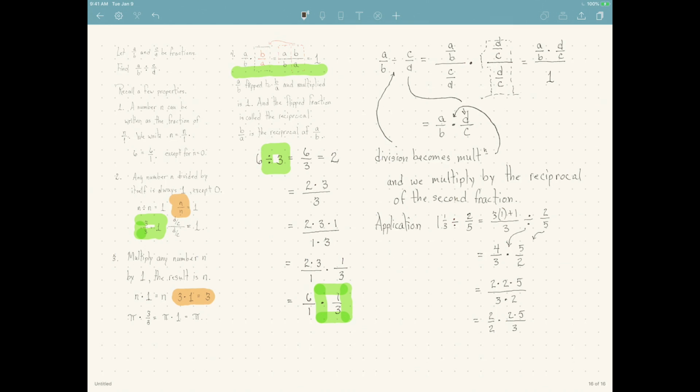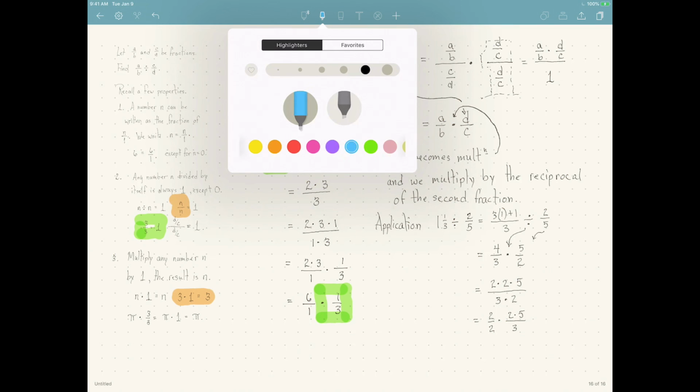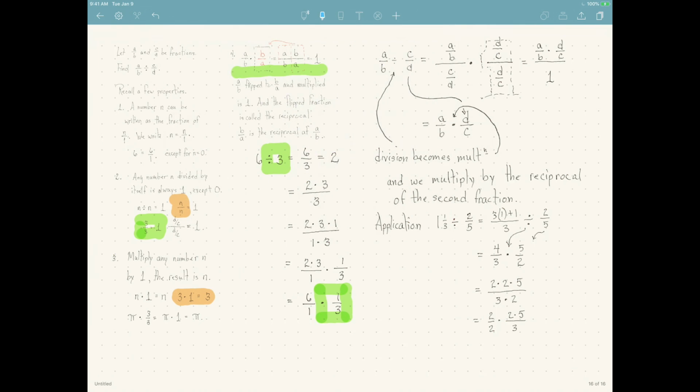And we said earlier that a number over itself is just 1. So we have 1 times 10/3. And we said in step 2 that a number times 1 is just the number. So our final result is 10/3. And that's how you divide fractions.